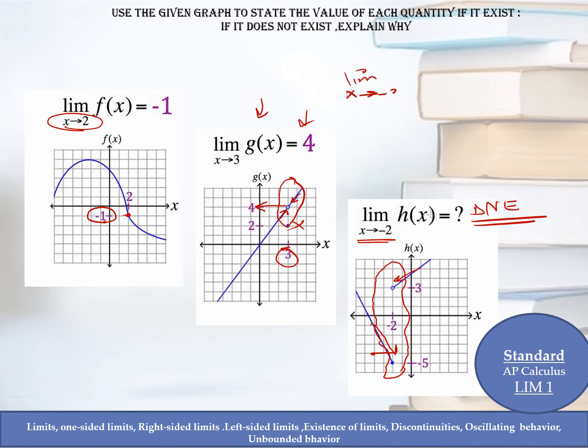The reason the limit does not exist is because the limit from the left hand side at -2 is not equal to the limit as x approaches -2 from the right hand side. This is the way we represent our reason mathematically.